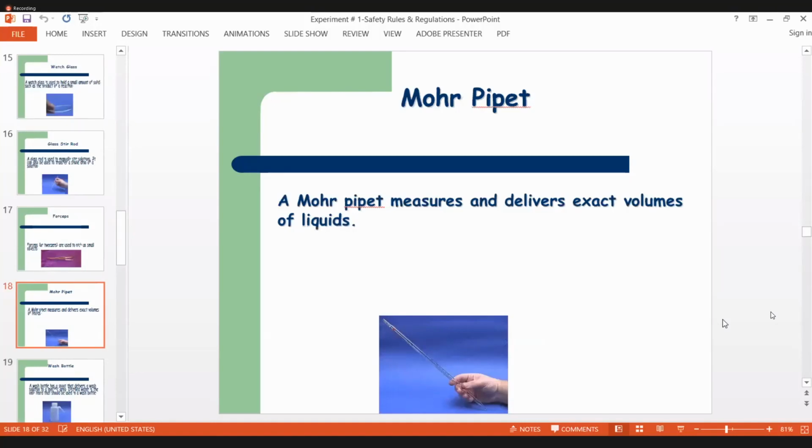This is a pipette. You use it to suck up a chemical at a particular volume, 1 ml, 2 ml, 3 ml. So this is more accurate than the beaker or the tube. This is a very important pipette. You can use this pipette to take the volume.